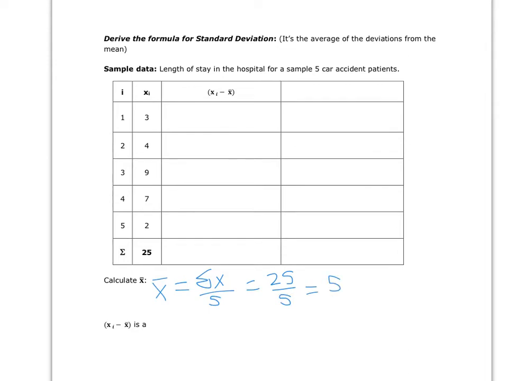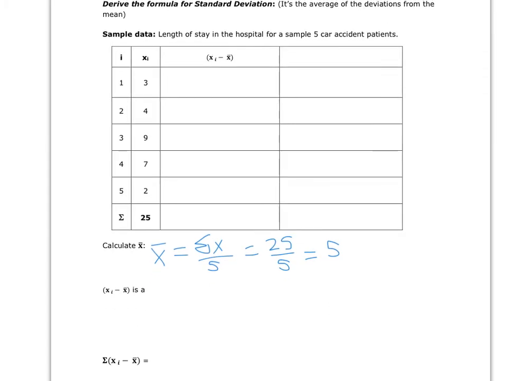Now we want the deviation between each of those data values that are listed and that mean. So we want to really think about this difference here, X minus X bar. That is a deviation from the mean.